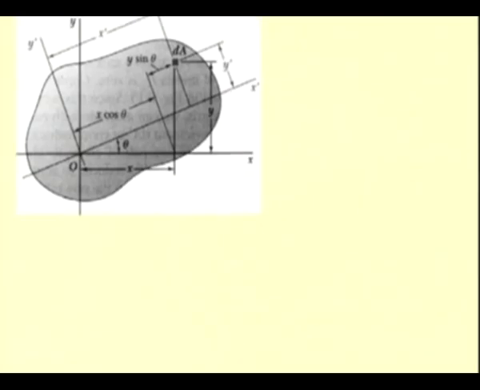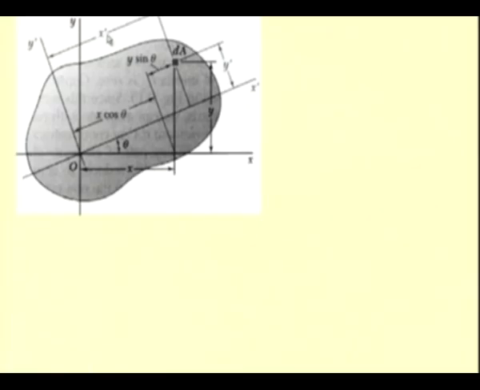So, now let us try to relate the coordinates of this area dA in this reference frame, that is OYX, and the reference frame y prime O x prime. In the reference frame y prime O x prime, the location of this area dA is x prime from the OY prime axis.